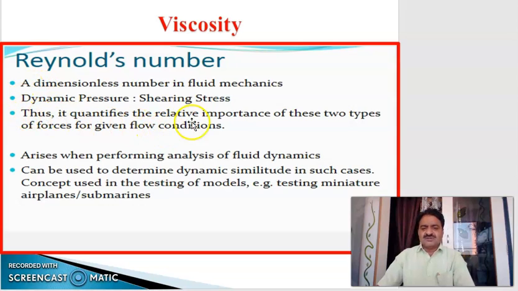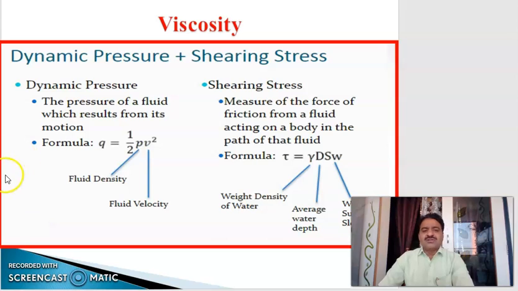Thus, it qualifies the relative importance of these two types of forces for given flow conditions. It arises when performing analysis of fluid dynamics, and can be used to determine dynamic similitude. It is a concept used in the testing of models, for example, testing of miniature airplanes, submarines, etc.